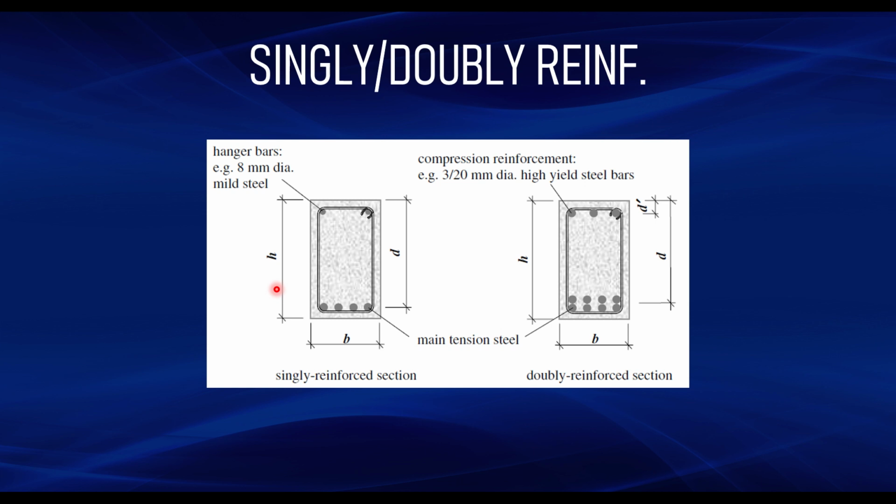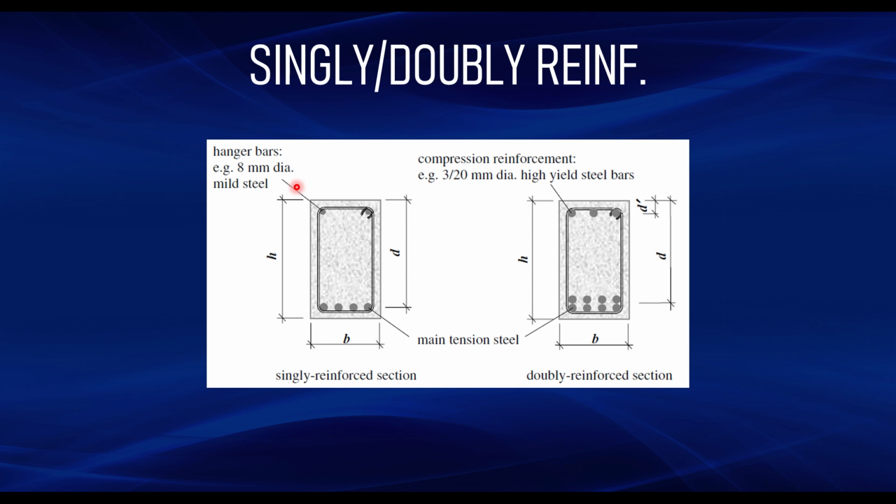So in that case, you need to provide your main reinforcement only at the region where you have the tension. In this case, the tension region is the bottom part of the beam. So that is why you see that we have about 4 bars of reinforcement at the bottom. But at the top, there is no need for us to provide compression reinforcement.